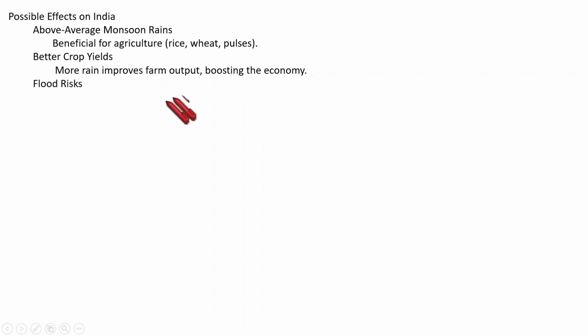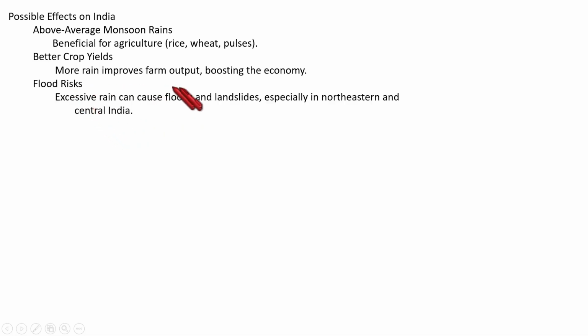Flood risk is also there because as we are getting more rain, intensified heavy rain, we need to expect floods in some regions. Floods along with landslides we also need to expect. We are already experiencing these catastrophes now, especially in northeastern and central India.